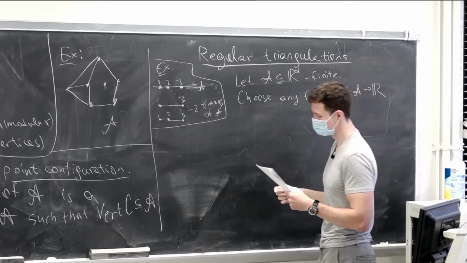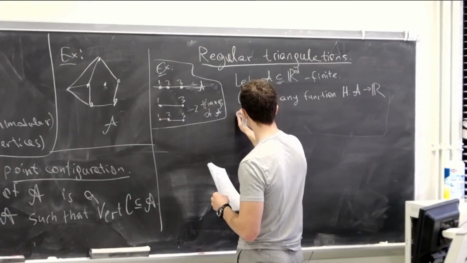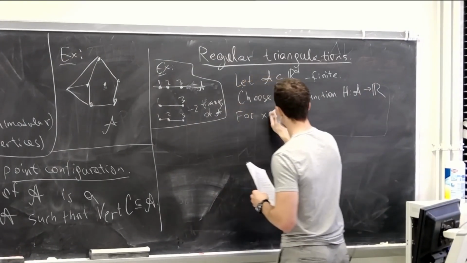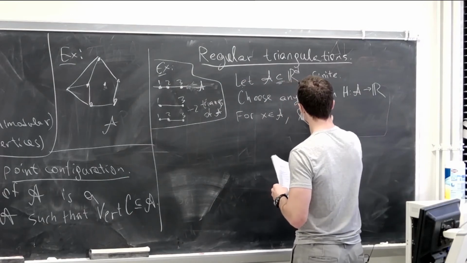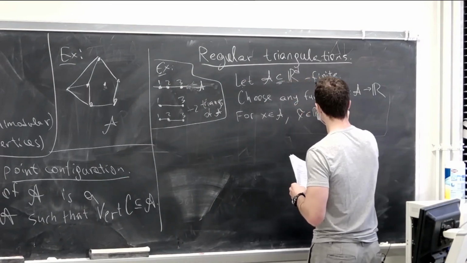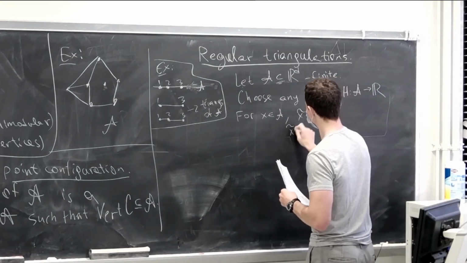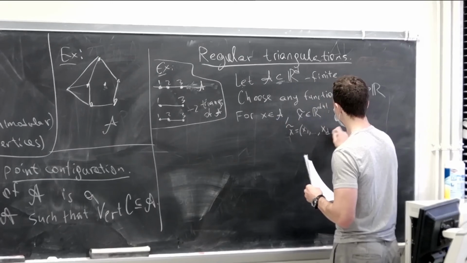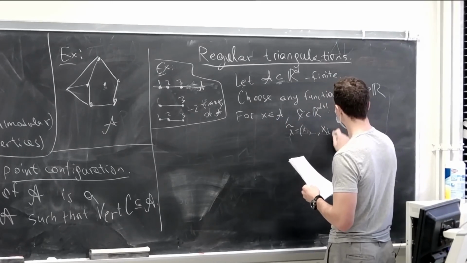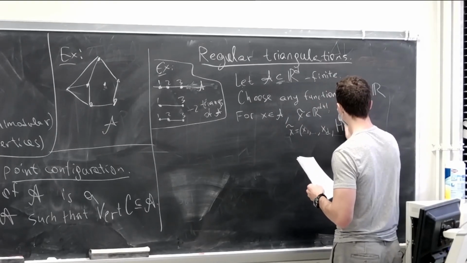And then, for x in A, I want to define x tilde in R to the d plus 1, given by: the first d coordinates are as in A, and then the last one is h of x.